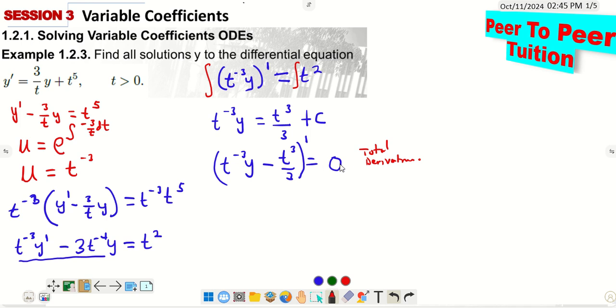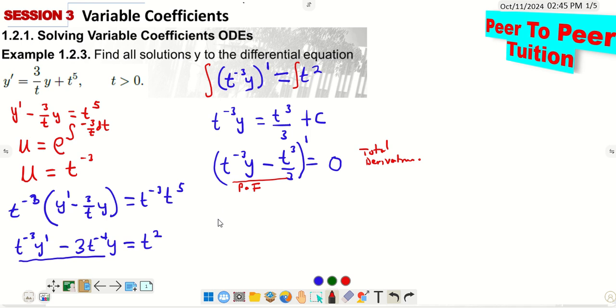Then from this total derivative, the inner function is called a potential function. Now you can see that this potential function is a function of the independent variable t and the dependent variable y.